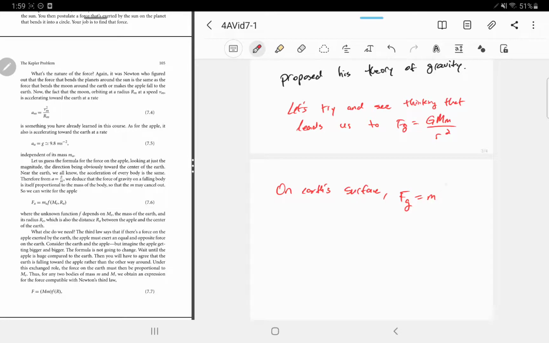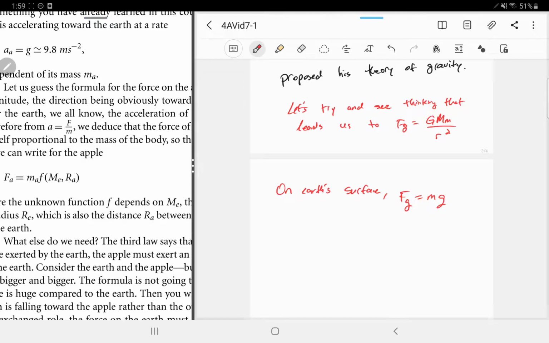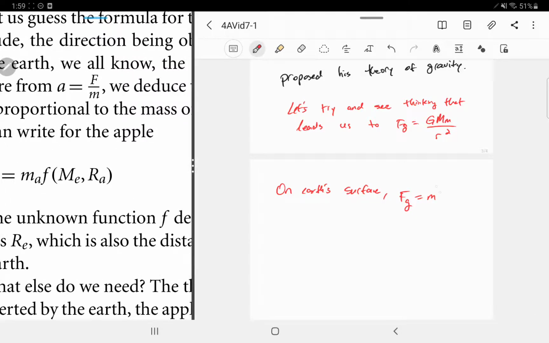But g doesn't really vary at points close to the Earth's surface. But we want a formula that's general enough that it will work even for the moon going around the Earth. And the moon isn't close to the surface of the Earth. So instead of saying g, 9.8 meters per second squared, your book leaves it as a general function.